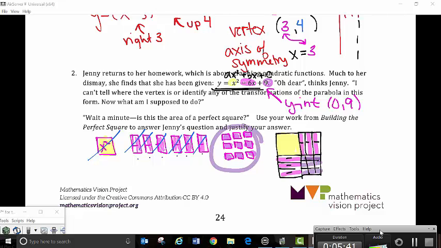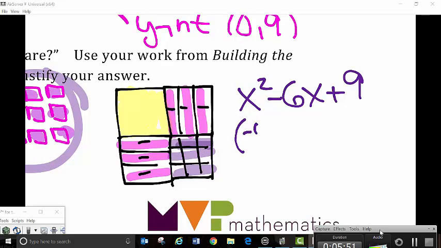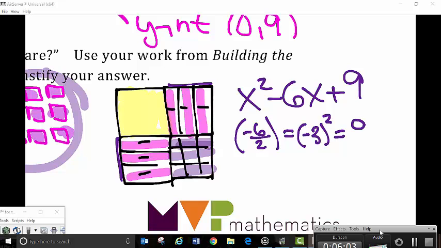Now we learned before the other way to figure that out is to just take half of the middle number. So half of -6, which is -3. Oh, that's what we got, a -3 here and a -3 here. And square it. -3 times -3 is 9.